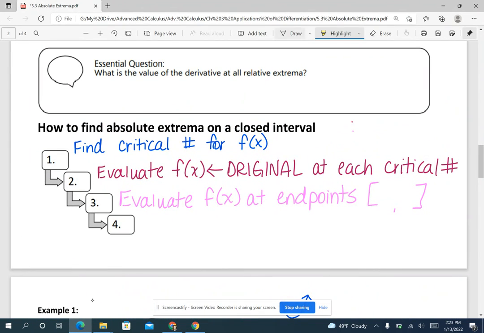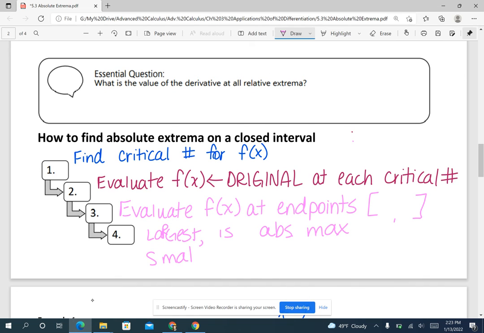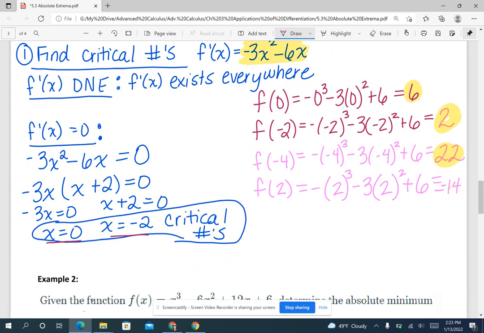All right, so my last step is the largest number is the absolute maximum, and the smallest is the absolute minimum. So then the smallest number would be negative 14.